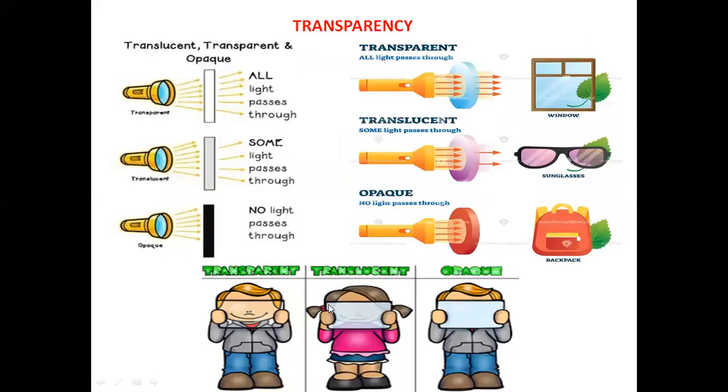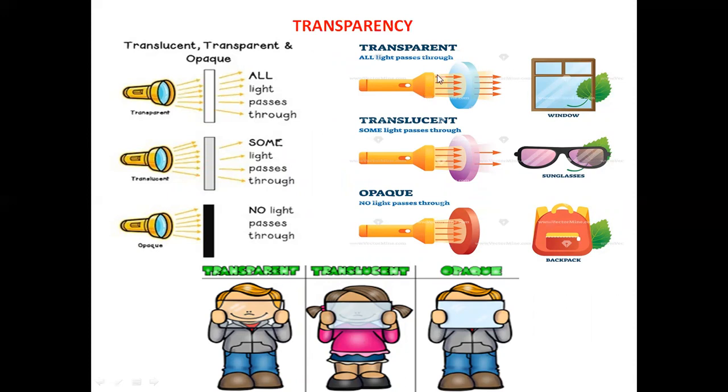Now, coming to the fourth aspect, transparency. What is transparency all about? Here, I am having 3 materials: a window glass, a sunglass, and a backpack. Now, I am taking a torchlight and switching it on.